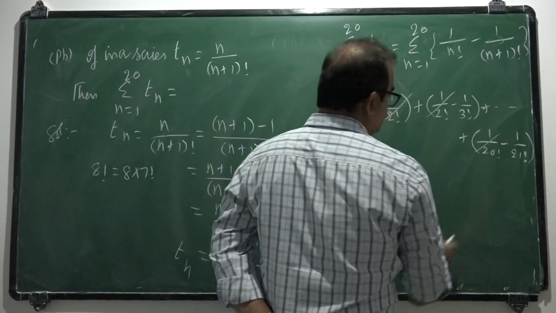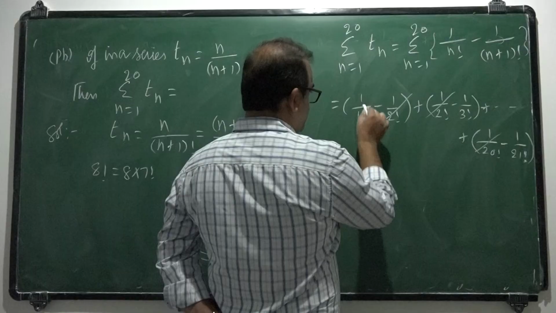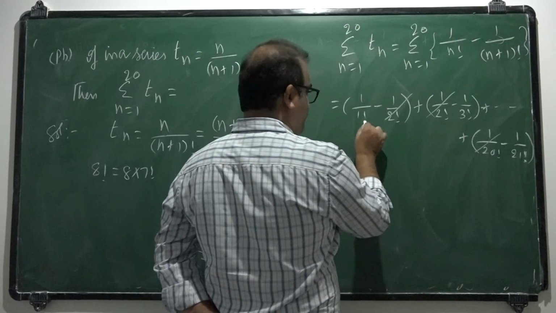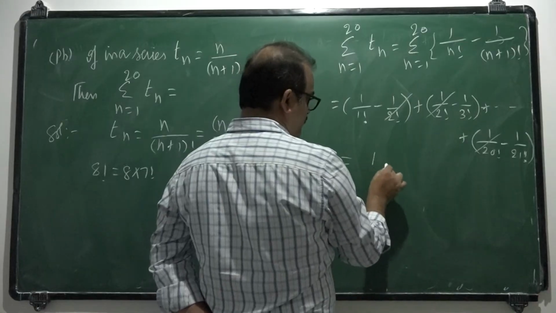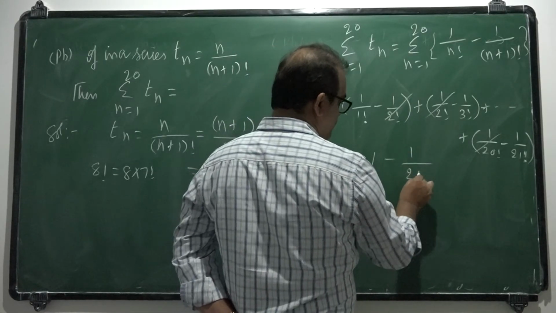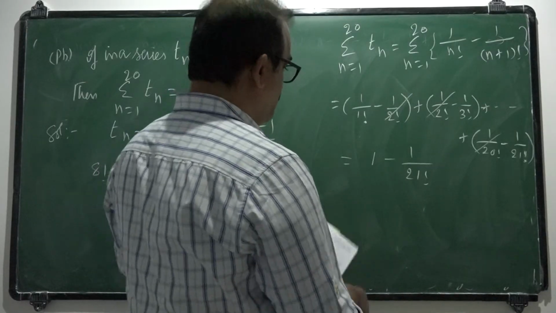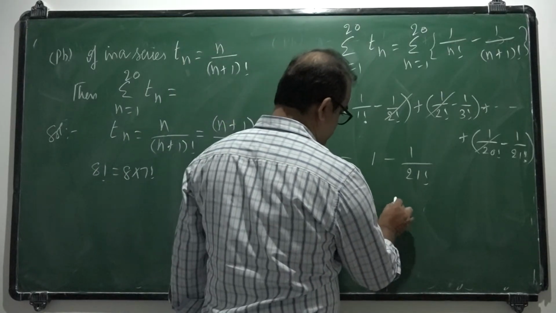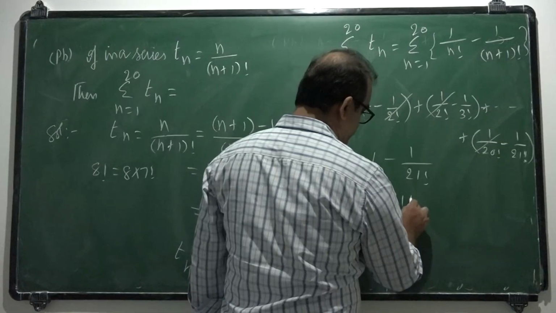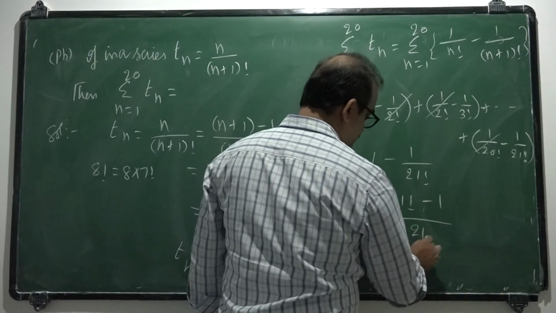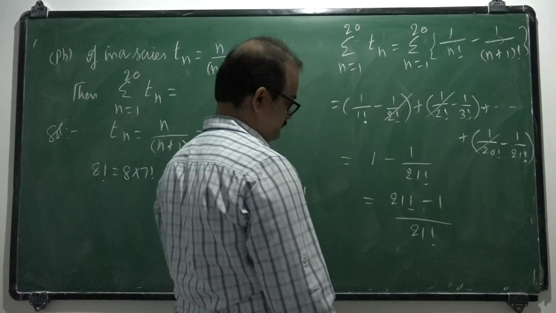So this term also cancel. So there is first term and last term. 1 by 1 factorial, 1 factorial is 1. So 1 minus 1 by 21 factorial. Or on taking LCM, write it as 21 factorial minus 1 by 21 factorial.